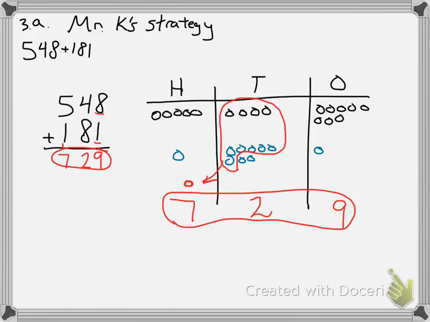So I'm not saying that you can't solve this one using the arrow way, but it's just going to be a lot harder than it needs to be. And this right here, the vertical algorithm, in this particular case, is going to be the most efficient.